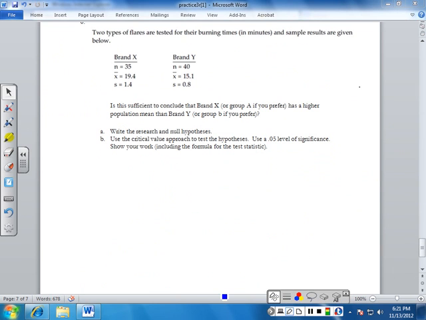I'm going to call this brand A and brand B, just to stick with my normal notation.